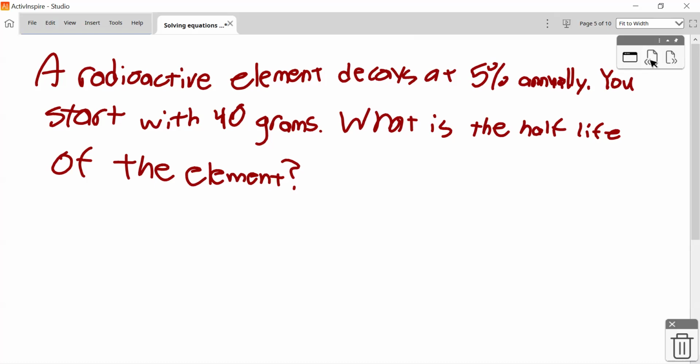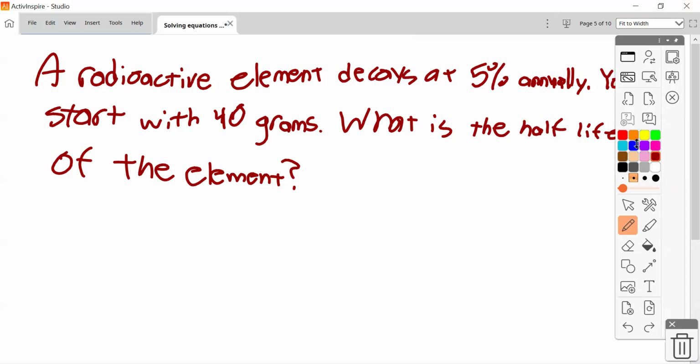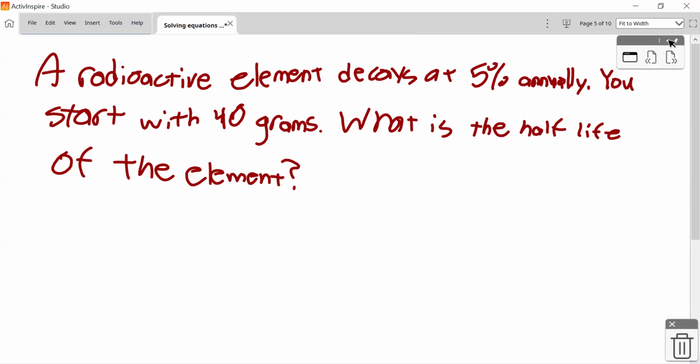So reading this problem, click on the arrow, that's the problem. There we go. Radioactive element decays at 5% annually. You got decays, means we're doing decay. 5% is still R. Move the decimal 2 spots if you need to: 1, 2, 0.05.